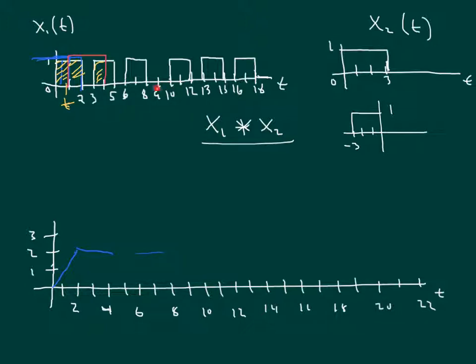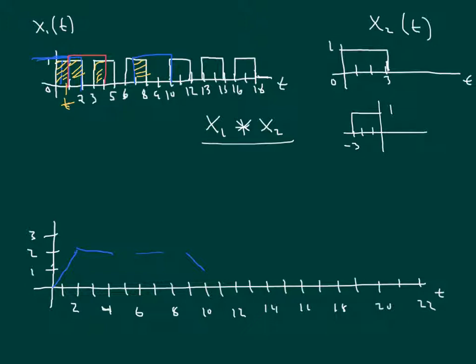So once we get past t equals 9, we can kind of see that the signal is going to start decreasing, and I'll illustrate that by going ahead and drawing what it would look like at t equals 10. We can see at t equals 10, the only overlapping part is this section over here with, again, a width 1 and a height 1, meaning at t equals 10, our convolution is just going to equal 1.